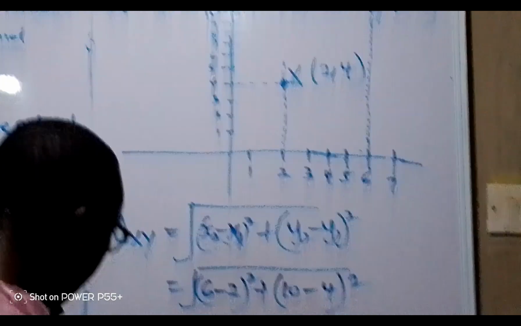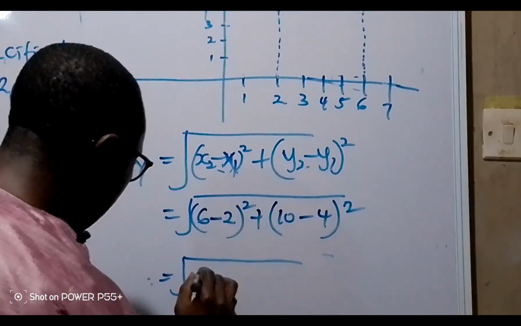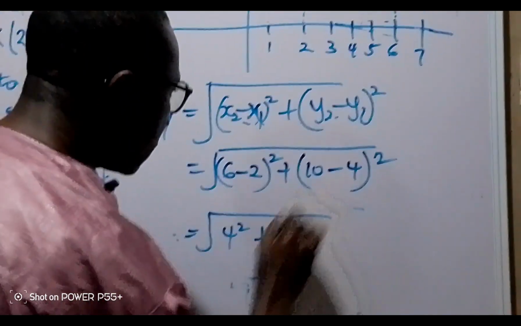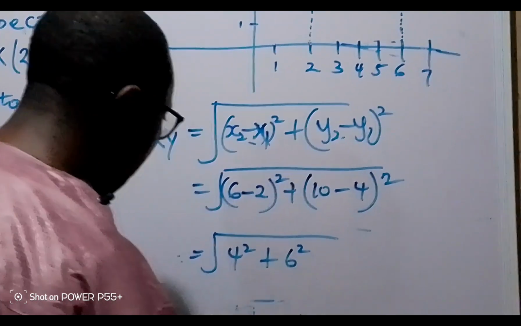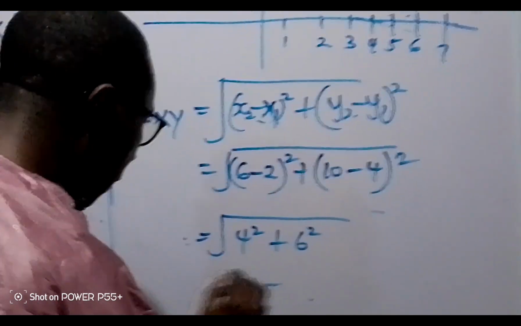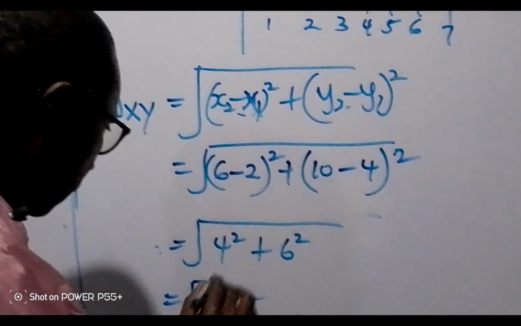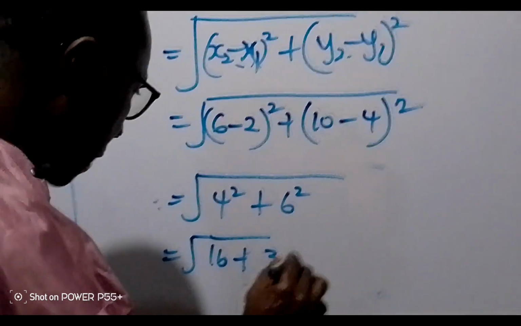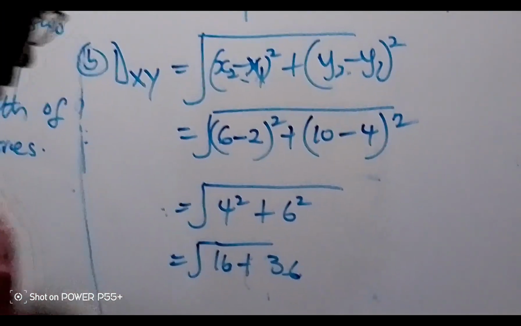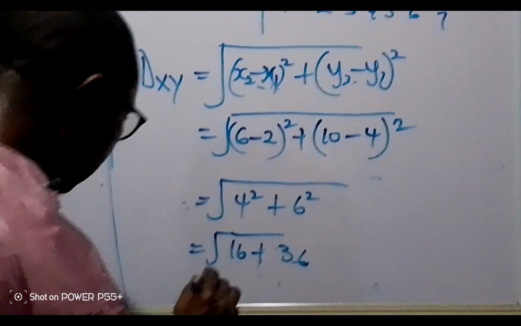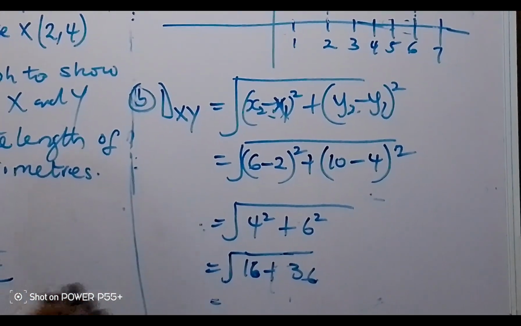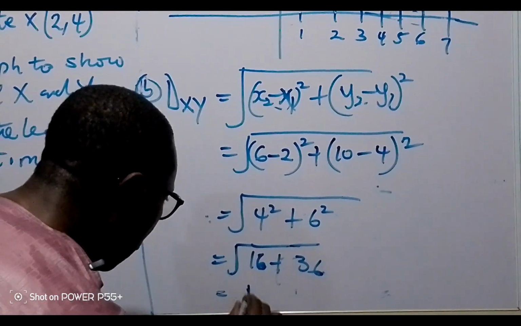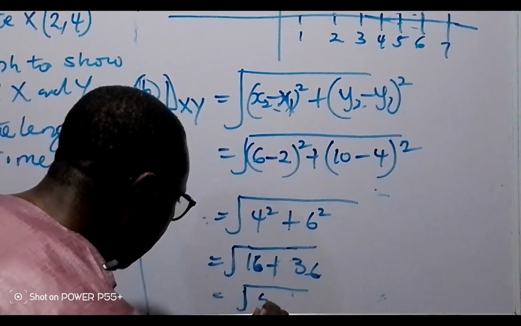So this one will now give us the square root of 4 square plus 6 square, which is 16 plus 36. Now, 16 plus 36 will give us 52.